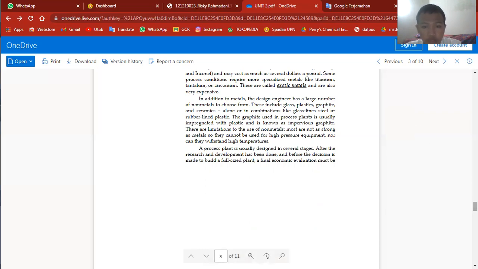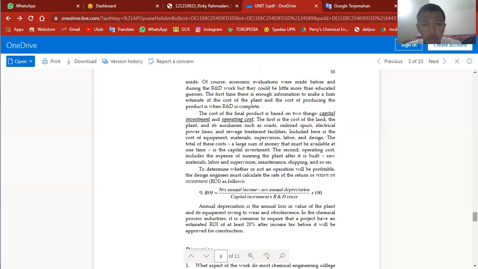A process plant is usually designed in several stages after the research and development has been done and before the decision is made to build a full-size plant. A final economic evaluation must be made.